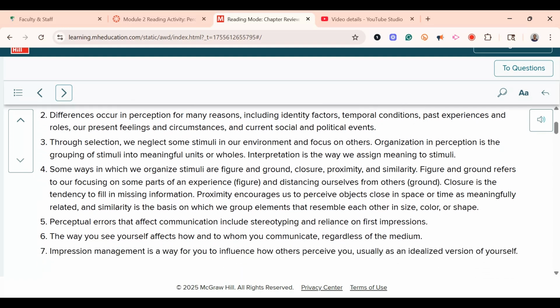We look at things through selection, right? Such as our own internal and external views or stimuli. In some ways, in which we organize our perception is based on figure and ground, which is the background and the foreground, closure, proximity, and similarity.